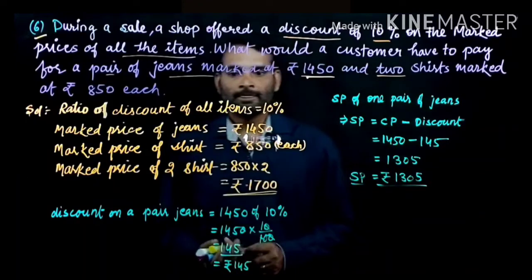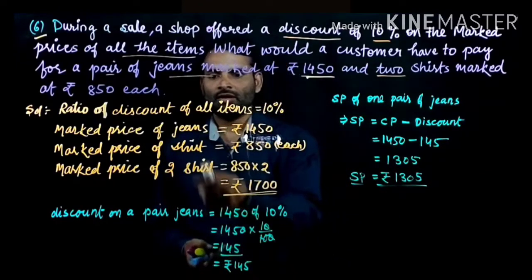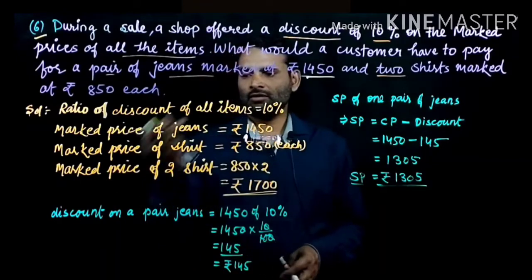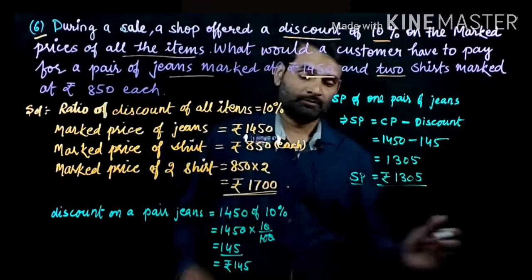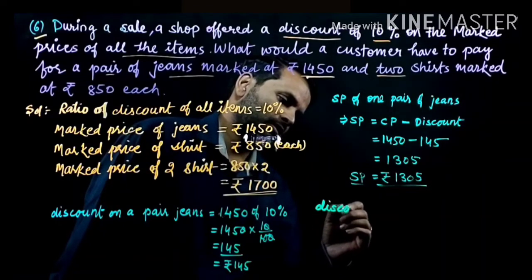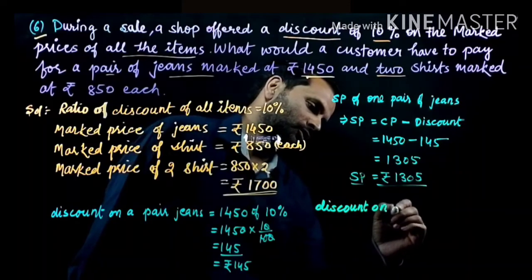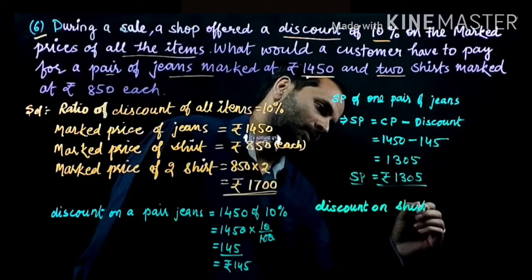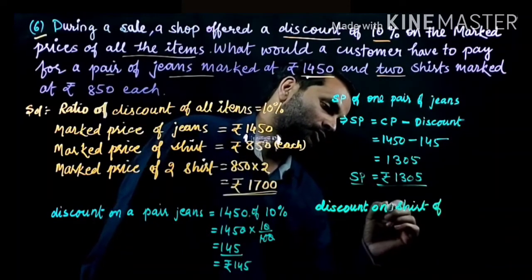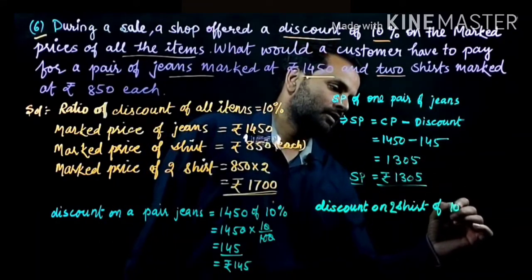Then next, find the SP of shirt. So the discount on 2 shirts is 10%.